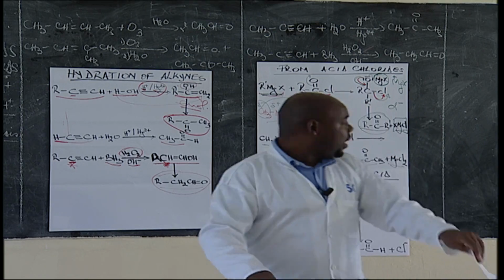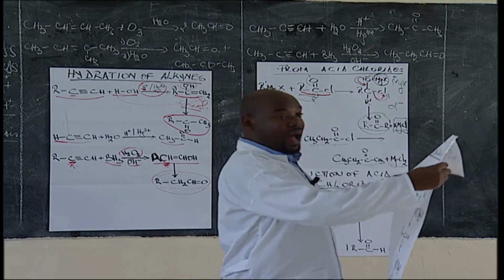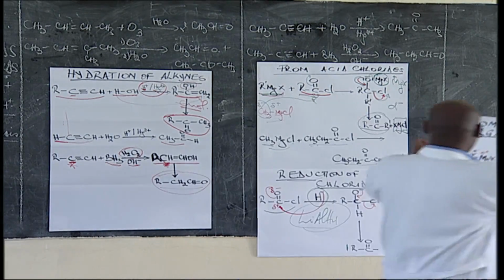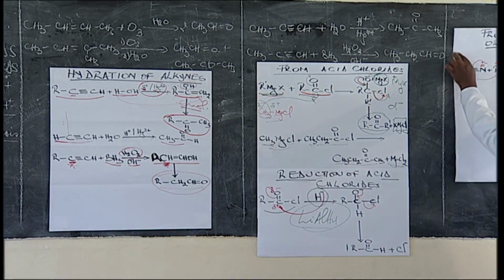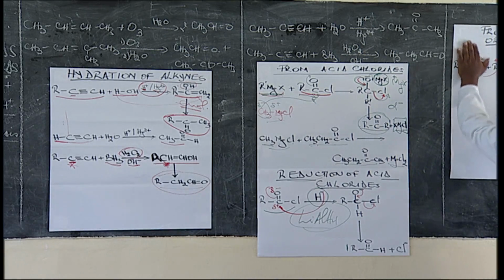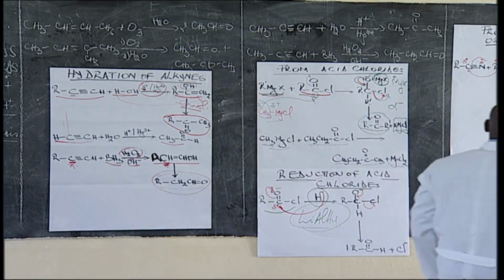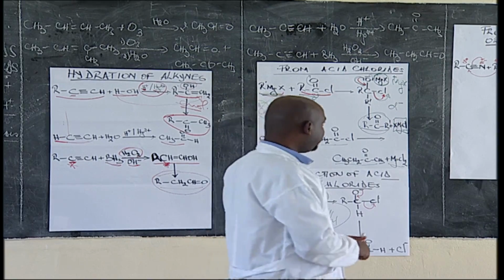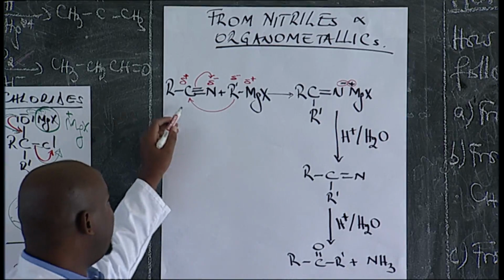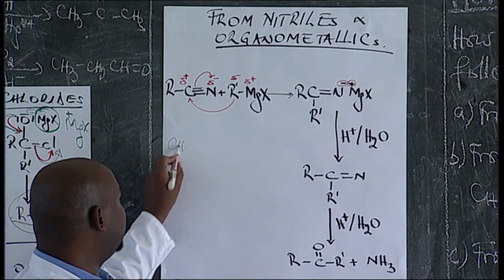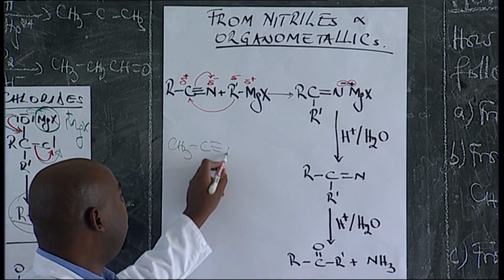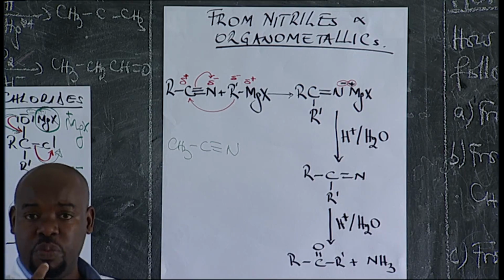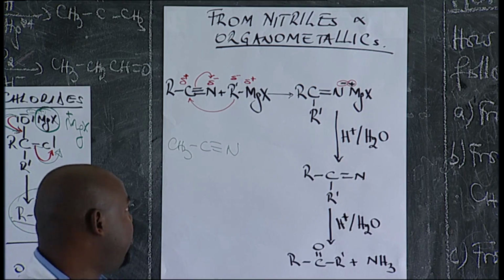Now let us have a look at the last method, but of course not the least. We have it here. We can start also from nitriles reacting with organometallics. A nitrile is a compound like CH3C≡N. So it is a compound containing a triple bond between carbon and nitrogen.